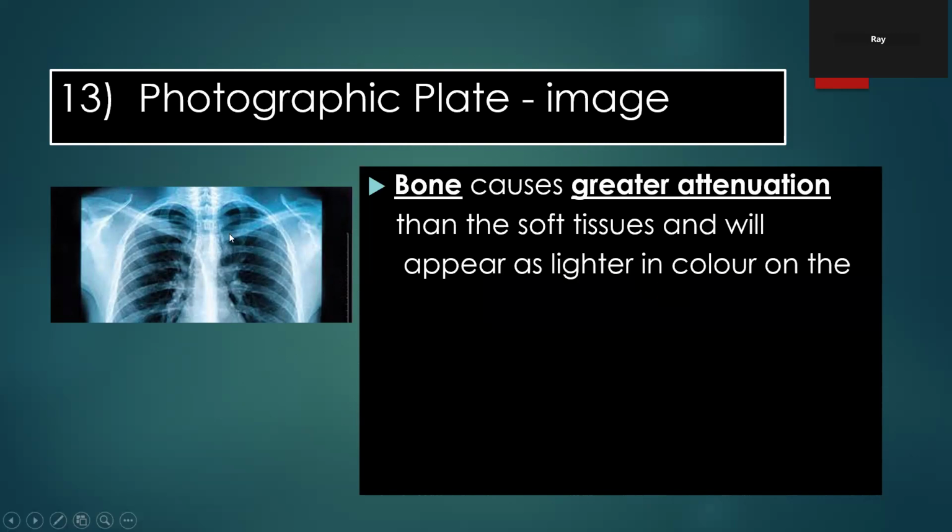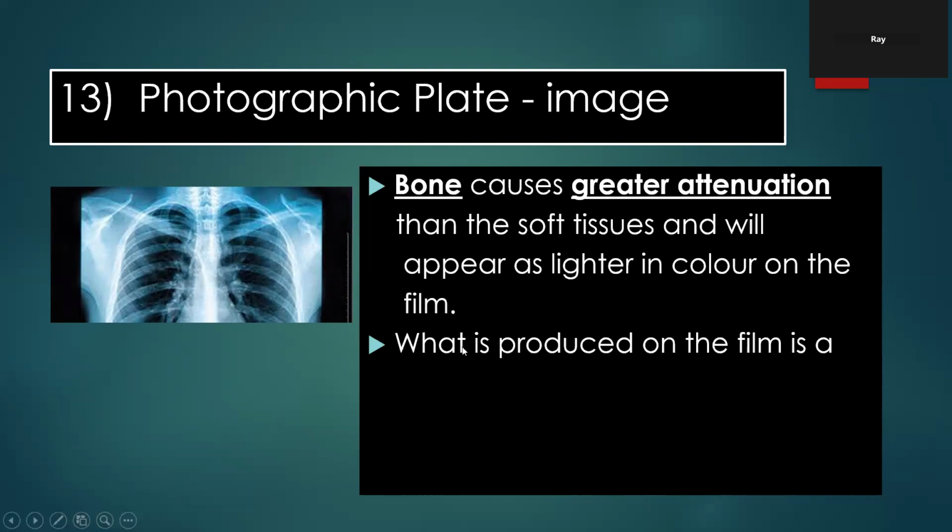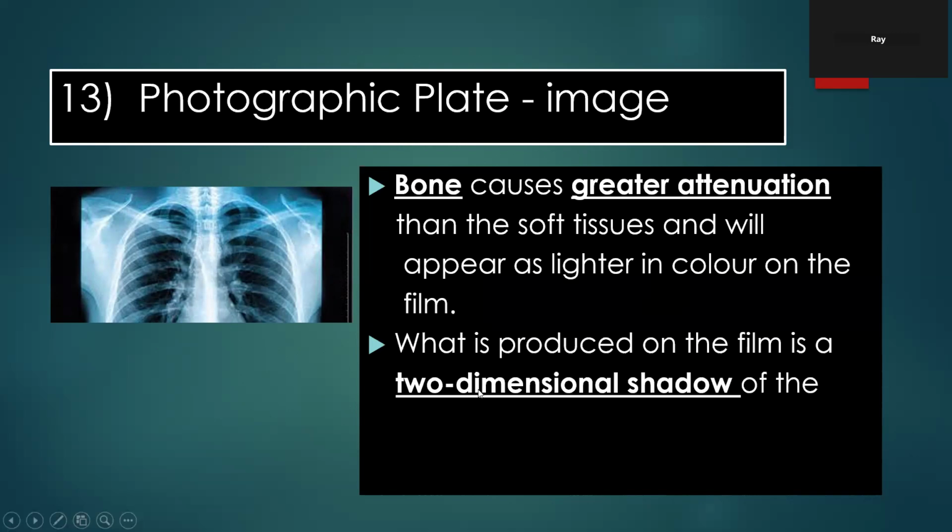You can see that the bones are lighter in color on the film. What is produced on the film is a two-dimensional shadow of the bone and the surrounding tissue. Just one picture only, you expose it very fast, and it's a two-dimensional shadow.